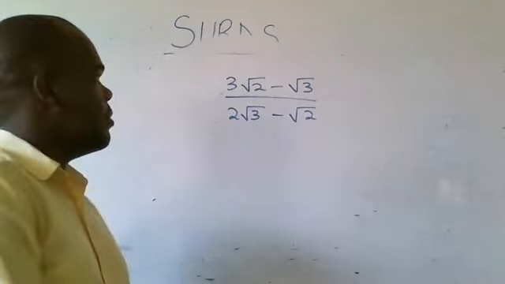We multiply the denominator with the conjugate. So if it has minus, we put plus. And then the numerator, you also do the same.